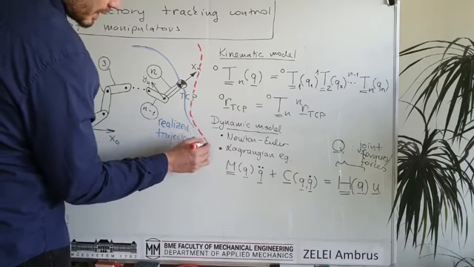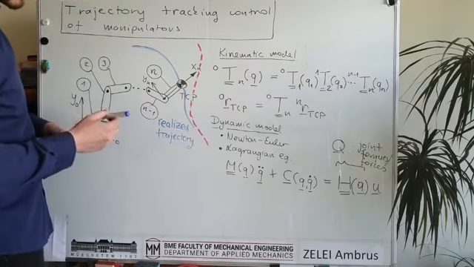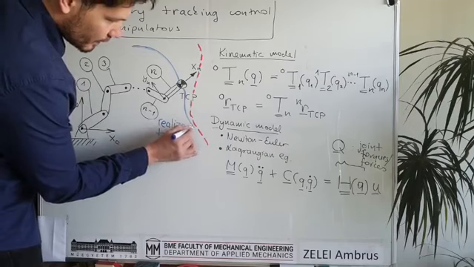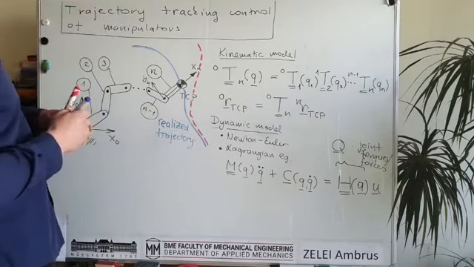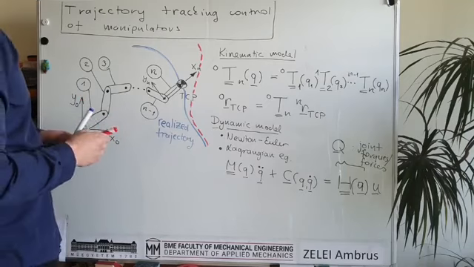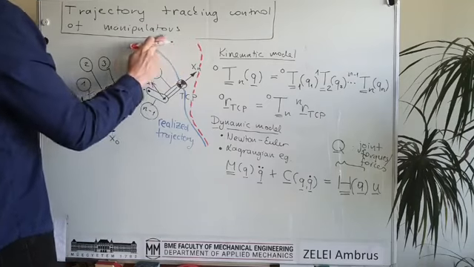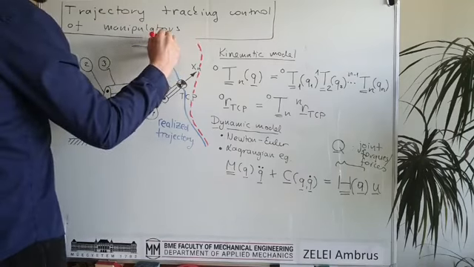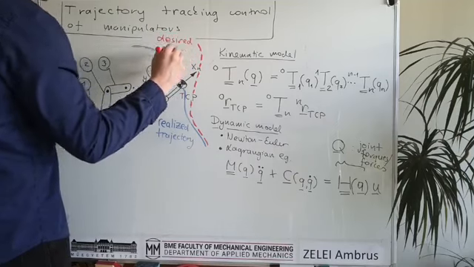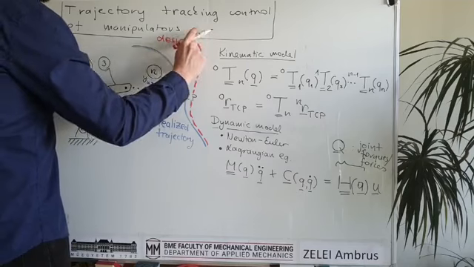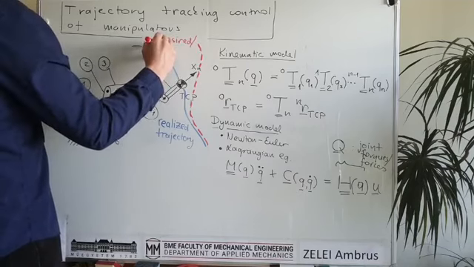Okay, so we can draw something where these two trajectories are closer and closer to each other. So this red one is the so-called desired trajectory, or we can say prescribed trajectory.